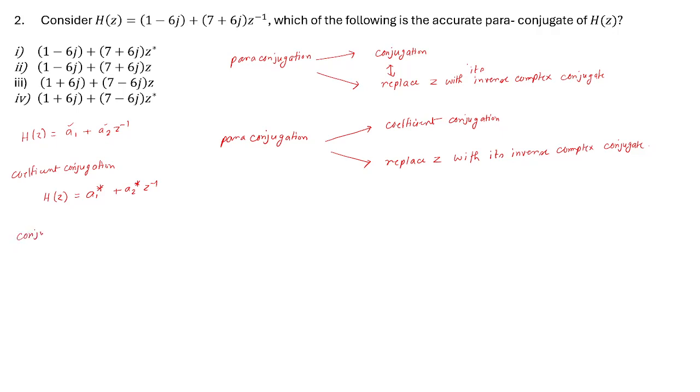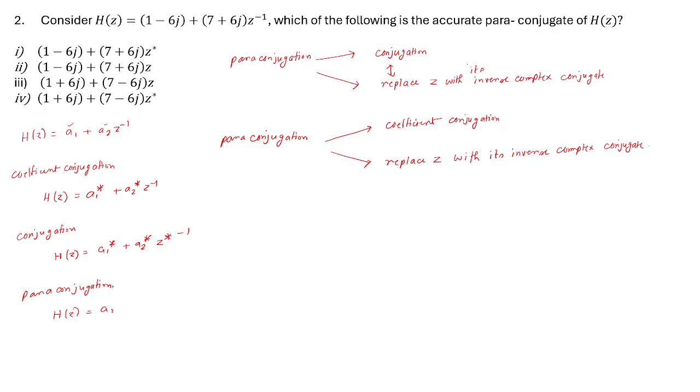Whereas conjugation, which is slightly more general, along with coefficient conjugation, also takes into account the z as a complex coefficient and takes its complex conjugate. And paraconjugation is of course the most general scenario, kind of.